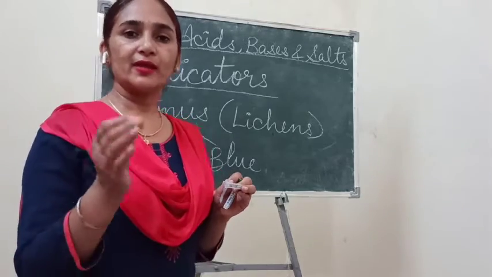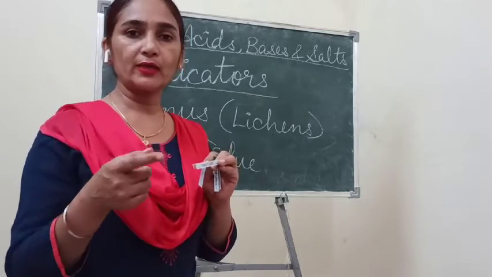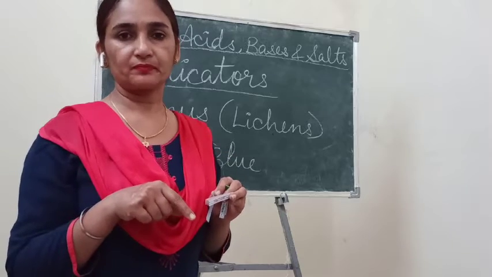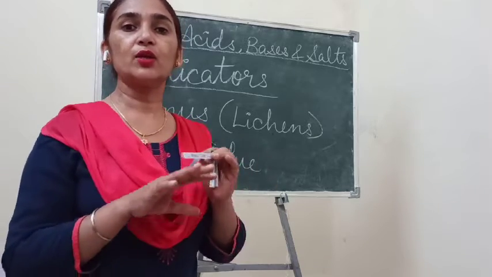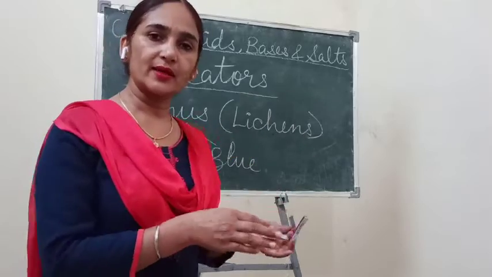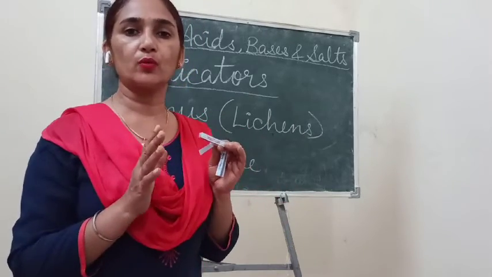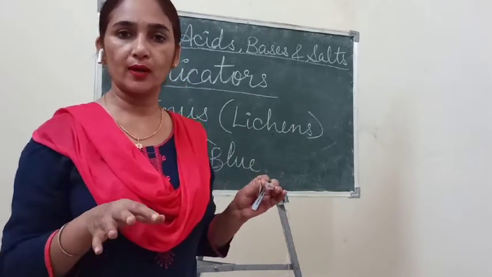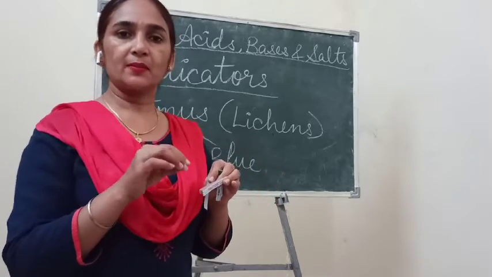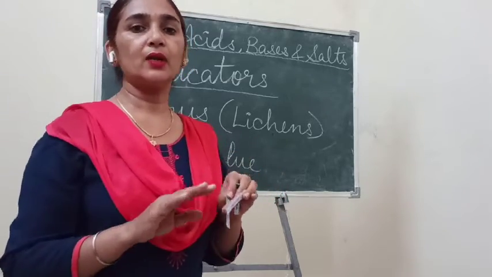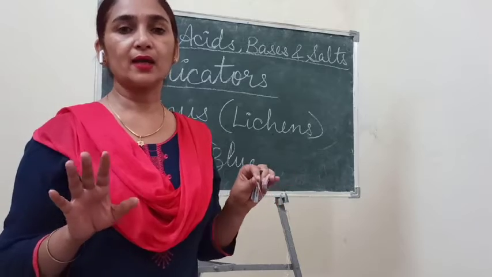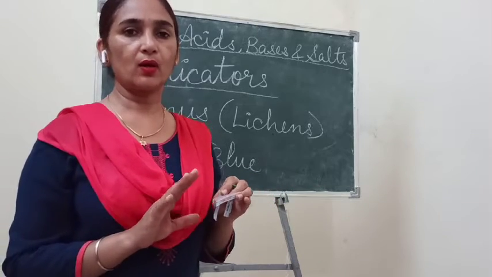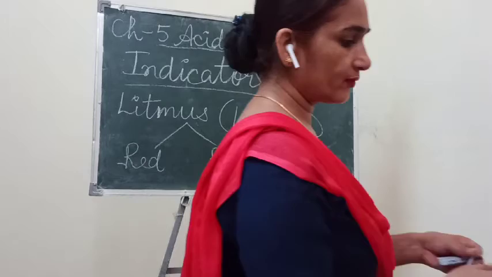If it changes its color from red to blue, that means it is basic in nature. And if anything is neutral, meaning it is neither acidic nor basic, the thing is called neutral, just like water. Water is neutral. If we use this litmus paper in water, it will not change any kind of color.